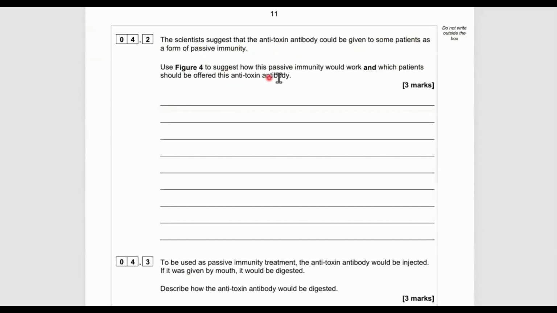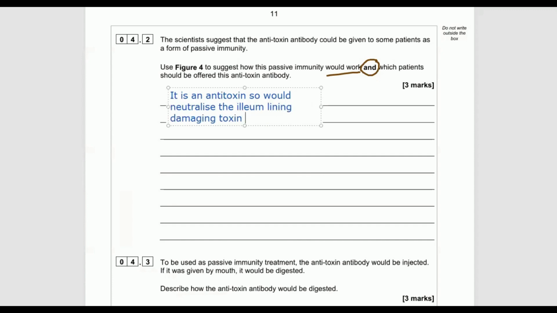The scientists suggested that the antitoxin antibody could be given to some patients as a form of passive immunity. Which patients should get it, and how would this passive immunity work? Well, if they're given the antitoxin antibody, it's going to neutralize the toxin produced by the C. difficile. So that explains how this passive immunity would work.